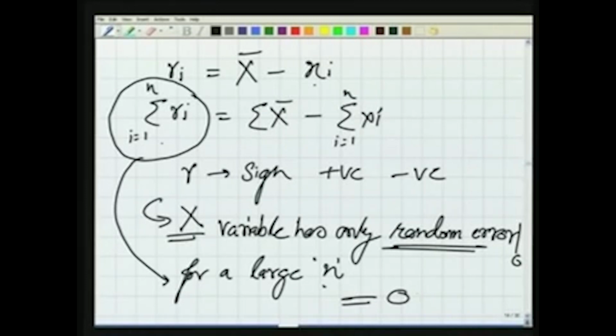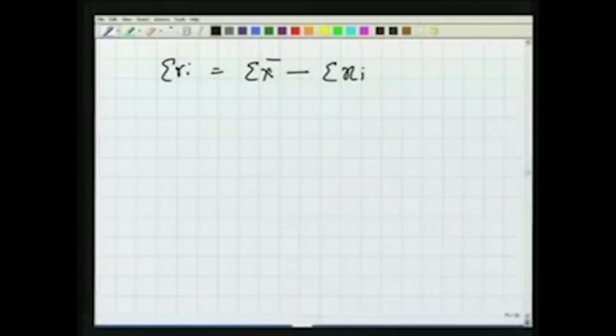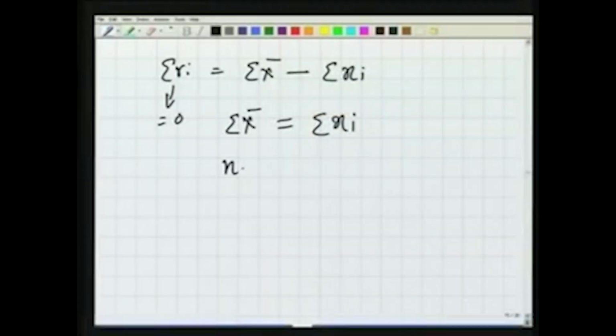If that is so, what can we write now? Sigma Ri equals sigma x bar minus sigma xi. What can we write if this becomes 0? We can write it as sigma x bar equals sigma xi. What is sigma x bar? Sigma x bar is n times x bar being summed up.